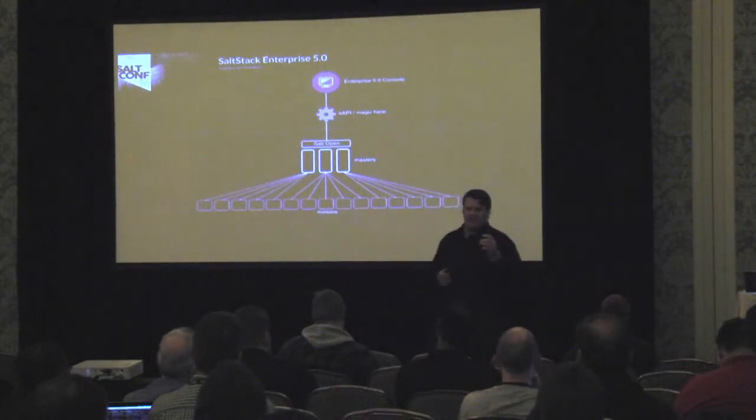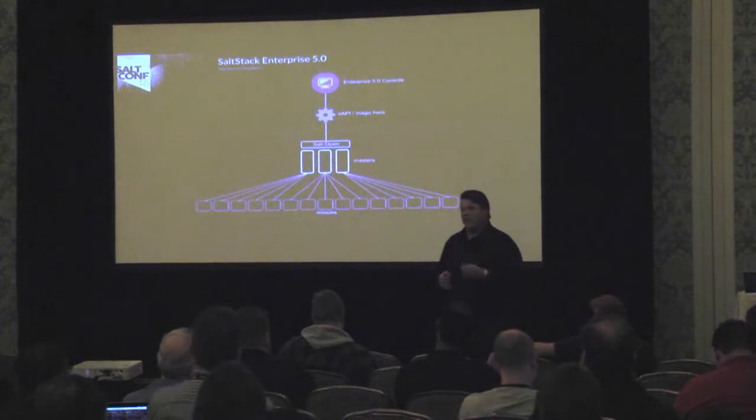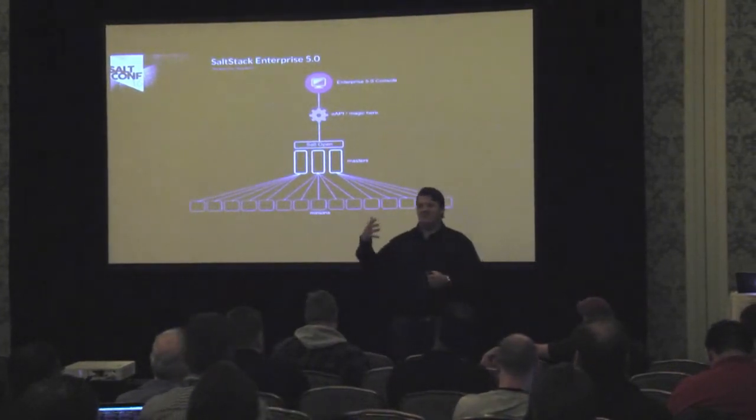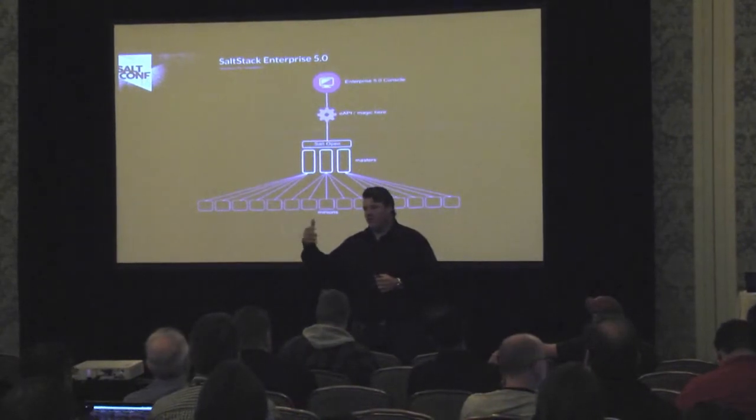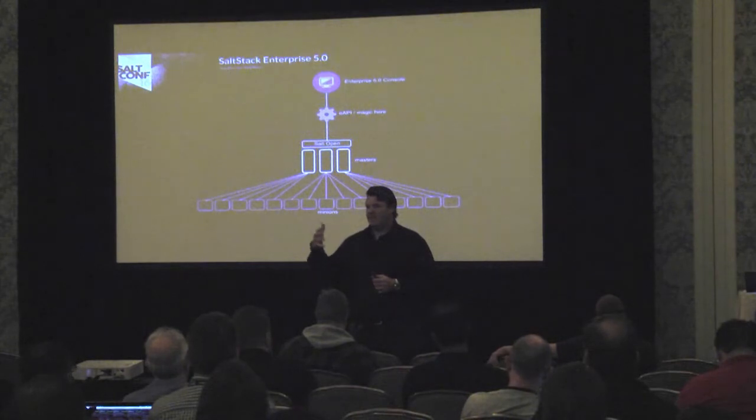The reactors are basically single condition reactors, so they listen for a single condition. Thorium allows a reactor to have some business intelligence in it. So a single reactor might say, listen for a failure event. If a failure event happens, send a notification or push data. The Thorium reactor will allow you to listen for multiple events and then make decisions based on what types and how many of those events come. So I may get a failure, but if the failure is not in production infrastructure, don't do anything.